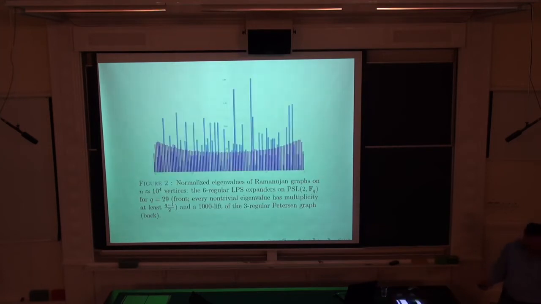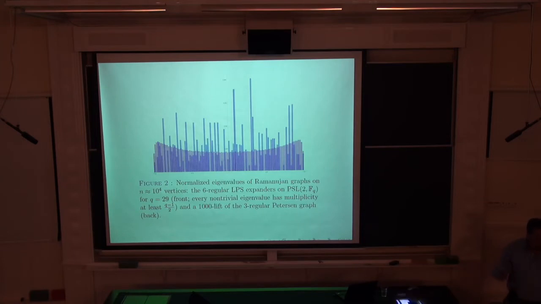Here is a view of the spectral measure of the graph, but this is actually one picture with two spectral measures on the same slide. One of them is the dark blue, which is in the foreground, and this is the spectral measure for the LPS graph that you just saw. Remember the eigenvalues plus minus d, we ignore those.